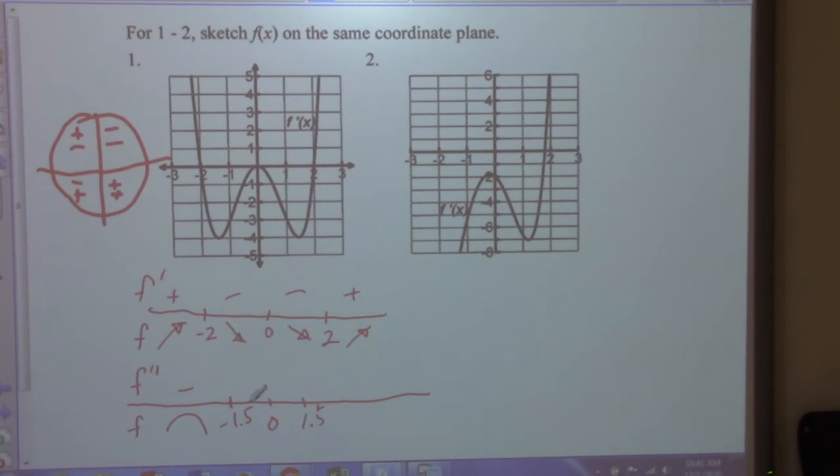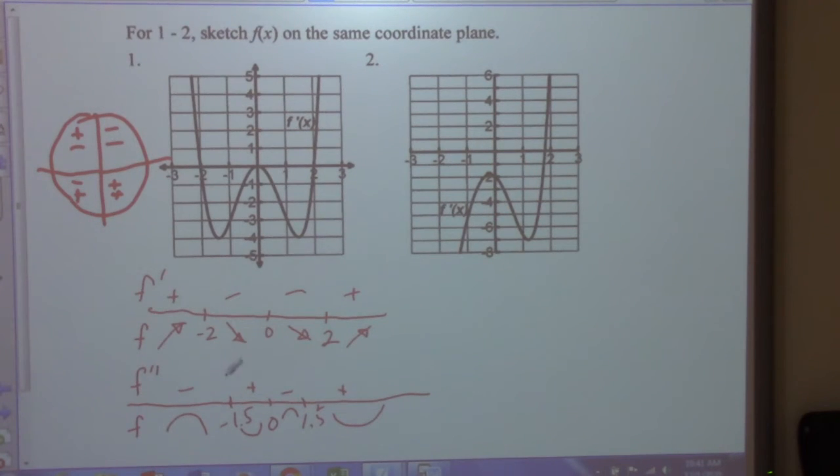And between negative 1.5 and 0, increasing, so concave up. And between 0 and 1.5, decreasing, concave down. And last thing, we have increasing, so concave up. Whoa. And so now we have all the pieces that we can use from here, right?